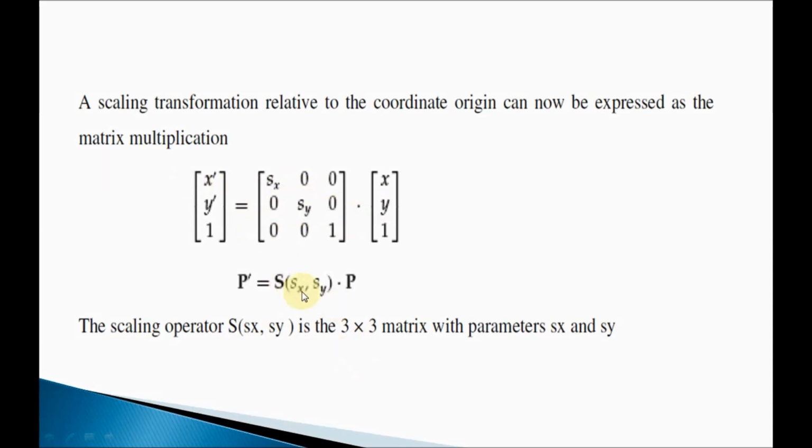This is a 3 into 3 matrix with parameters sx and sy. So homogeneous coordinates means, in simple words, you can convert a two-dimensional matrix into a three-dimensional matrix. Why? Mainly to apply composite transformations.